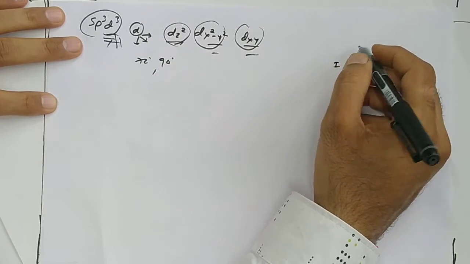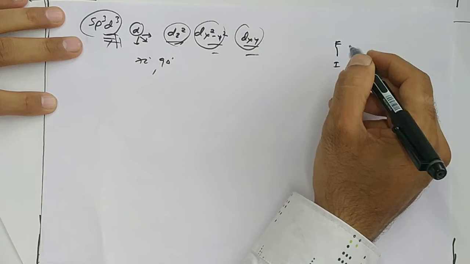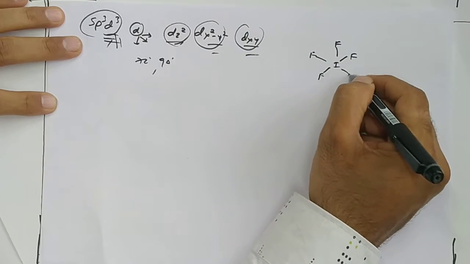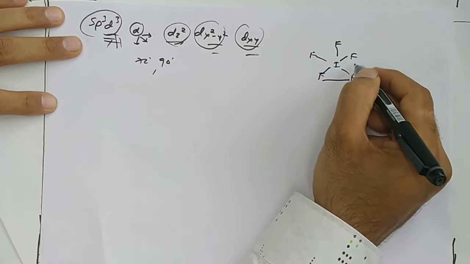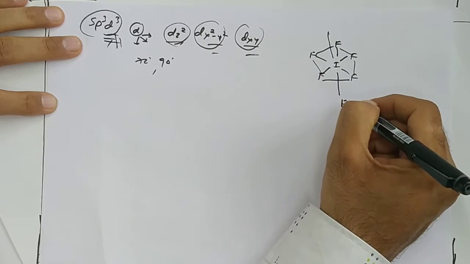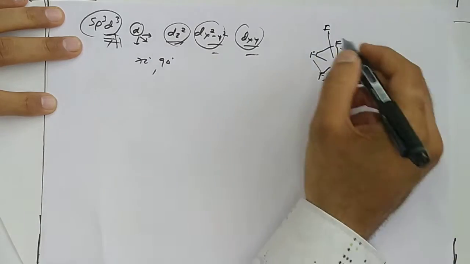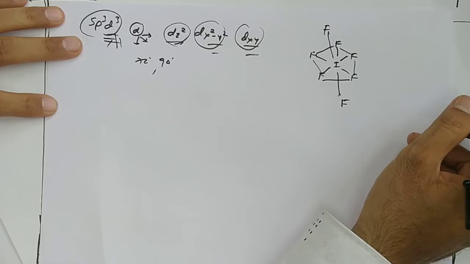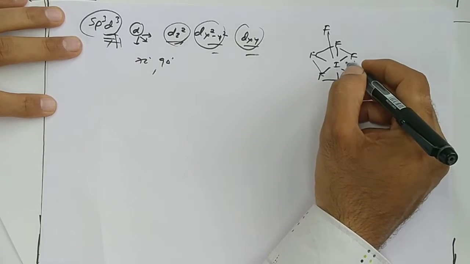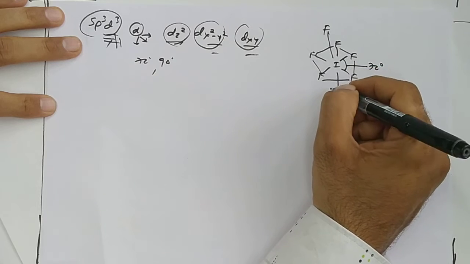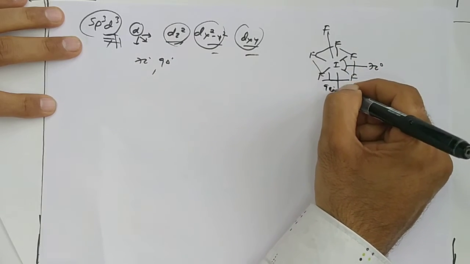You can see I have 7, 1, 2, 3, 4 and 5, and 2 other fluorines are perpendicular to each other. So on the same plane they have 72 degrees, and the perpendicular ones are at 90 degrees.